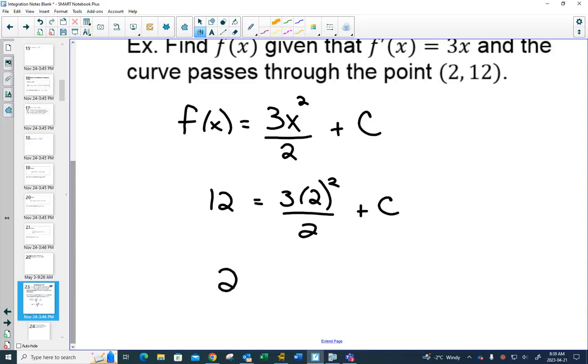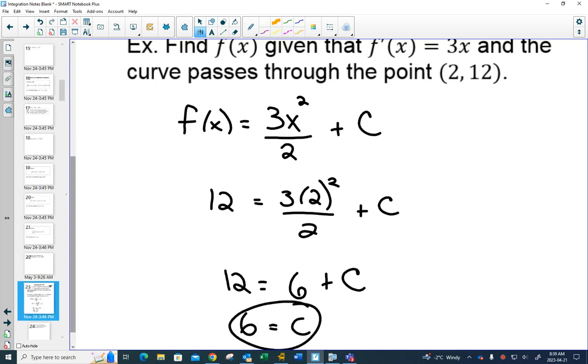So we get 12 equals 3 times 2 squared is 12, divided by 2 is 6 plus c. c is equal to 6. And now we can write the actual equation, f of x is 3/2 x squared plus 6.